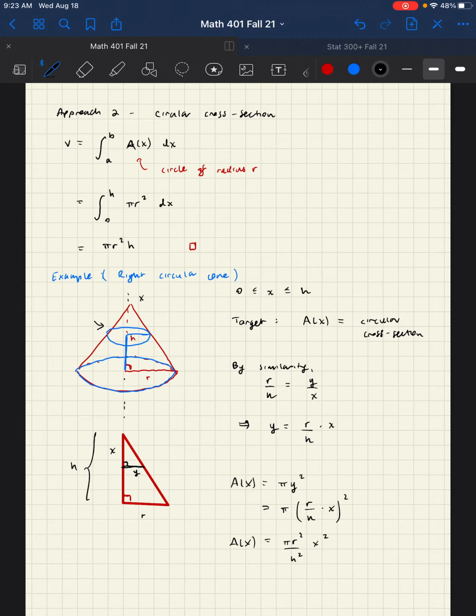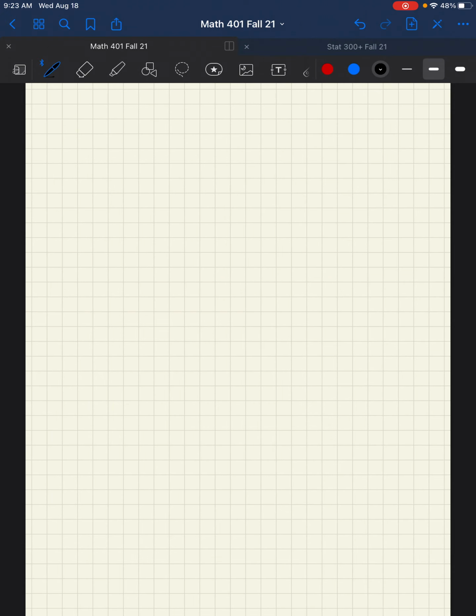And now we can use the cross-section formula and just perform the integral. So we find the volume is the integral from 0 to h of pi r squared over h squared times x squared dx. Now everything before the x squared is a constant, so that's not going to be affected. That means we end up with pi r squared over h squared times x cubed over 3 from 0 to h.